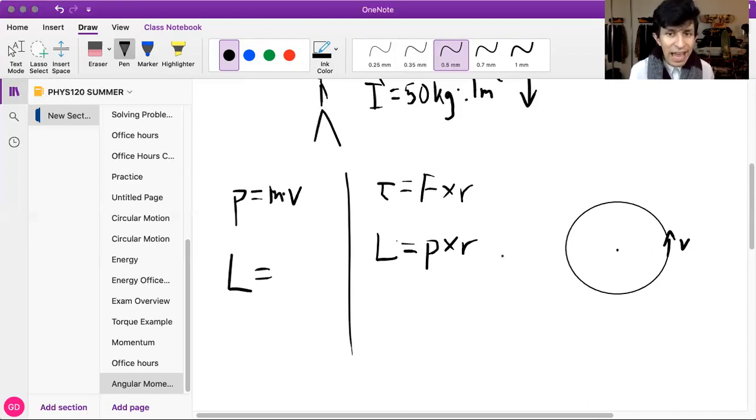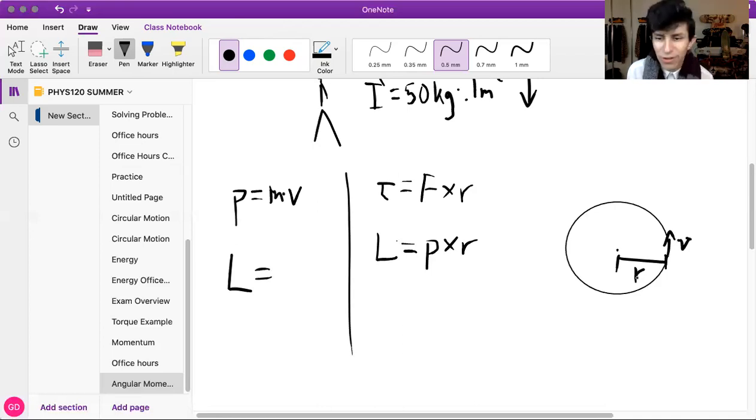Now, to find what the angular momentum is, we just need to know what the radius is. And the radius is from here to that point, that distance, that radius of the circle, or any type of circular orbit or motion, you just get that radius. And so whatever this radius is going to be some type of R. And this is velocity. They're two different.